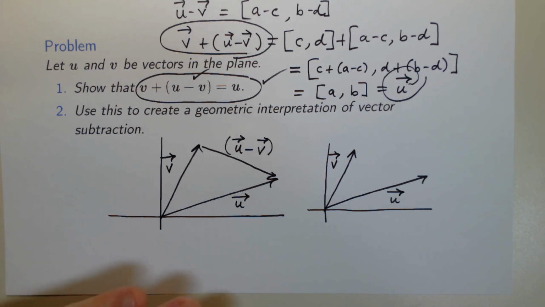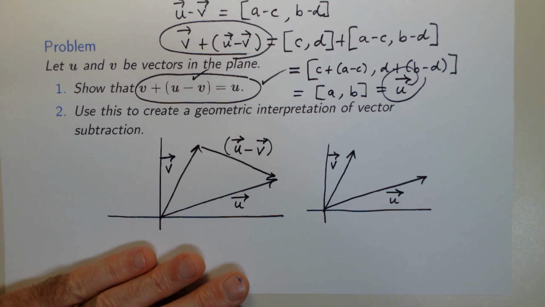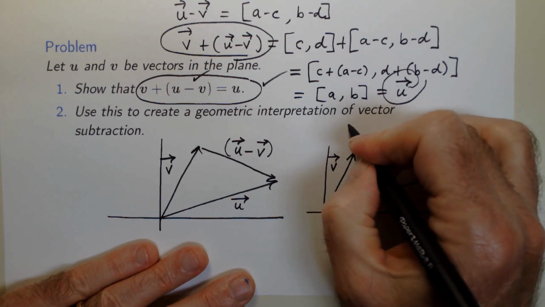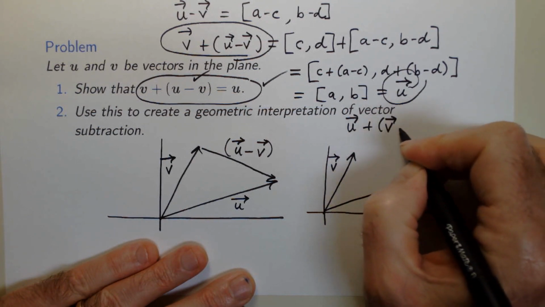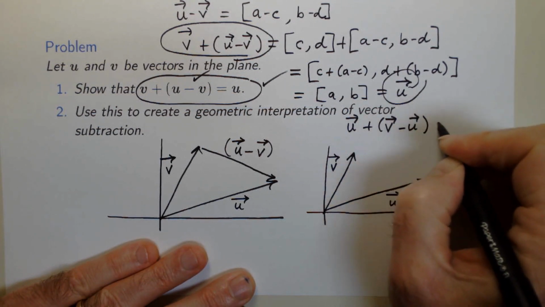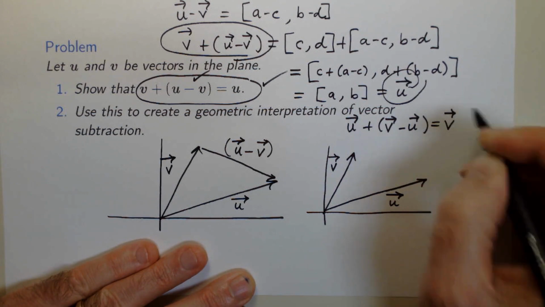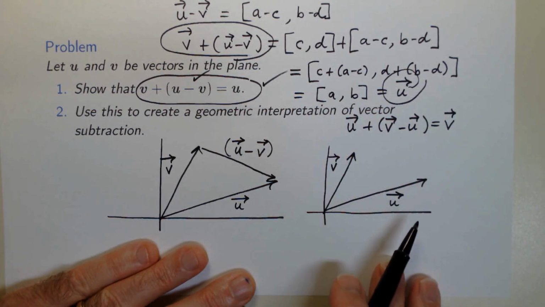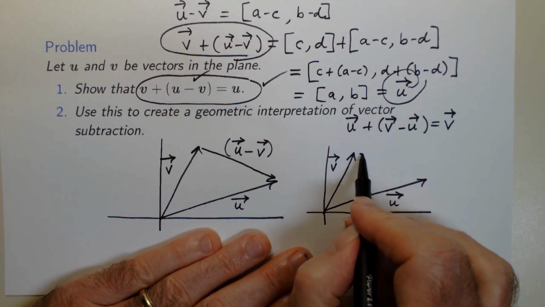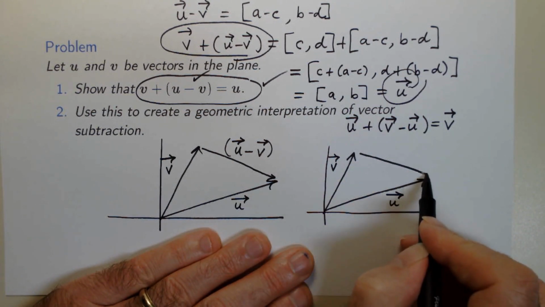Okay, so let's think about that. What does v minus u have to do? v minus u has to be the vector that would satisfy this. It would be the vector that I would add on to u that would get me to v. And so geometrically, it would have to be in this picture here.